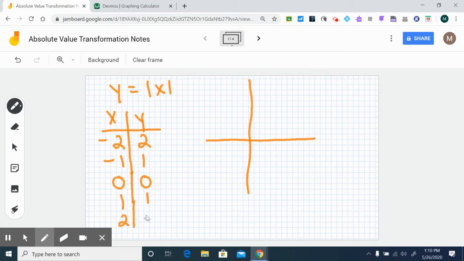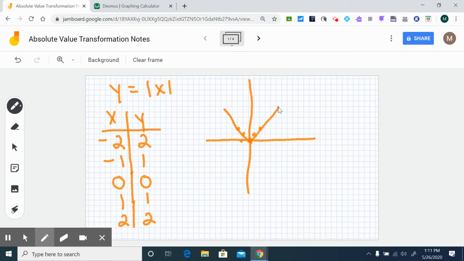And 2 is 2 units away from 0. If you notice, all of our y values are positive. Absolute values or distances are always positive. So when I plot these points, I get 1, 1, 2, 2, -1, 1, -2, 2. It ends up looking like that V shape.